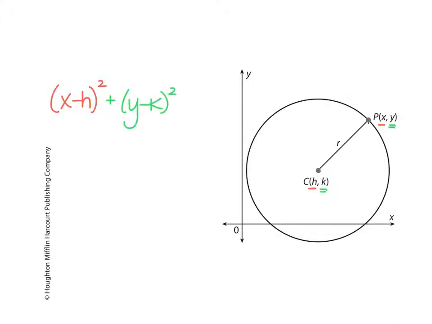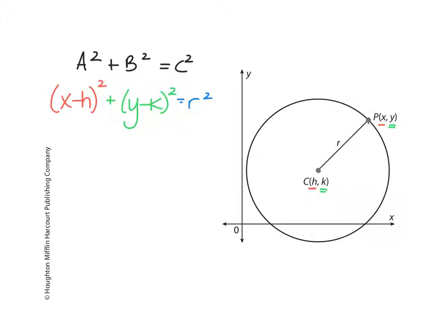And all of that will equal the c squared, or the distance. And in this case, distance is defined as the radius for a circle. Remember, Pythagorean theorem says a squared plus b squared equals c squared. So I've got this a squared plus b squared equals c squared, so our radius squared.